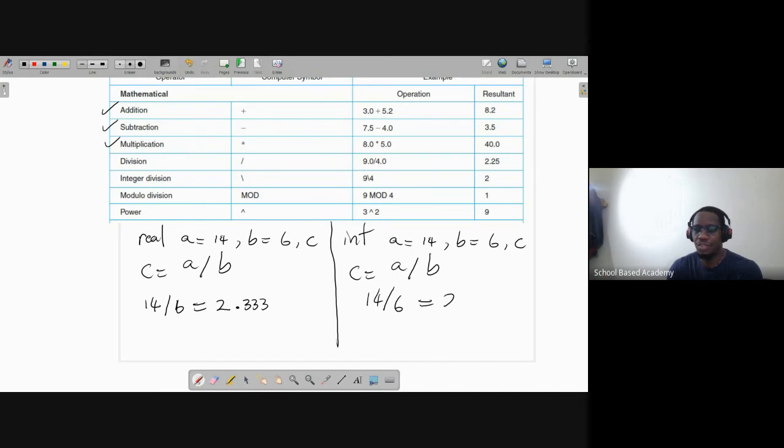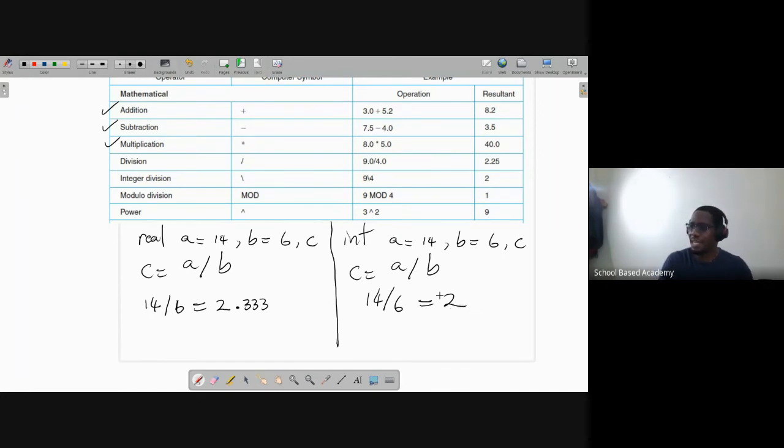My answer here is going to be 2. This here is integer division. Remember when we defined an integer, we said that an integer is any whole number. So we get a whole number value that cannot hold any floating point.